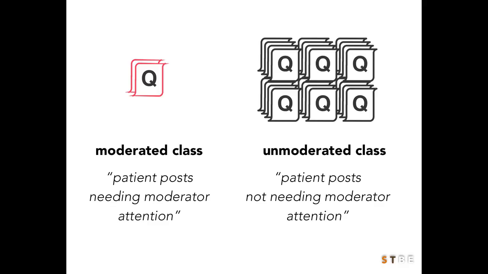The assumption here is that if moderators responded to a question, there must have been something about that question that made the moderator selectively respond to it, because there are many hundreds of questions being posted, and moderators only have a limited amount of time, so they have to select questions that are pretty critical. So I wanted to identify what that is using an automated classifier.